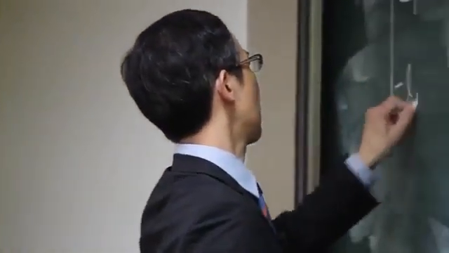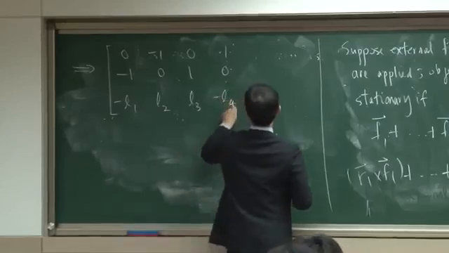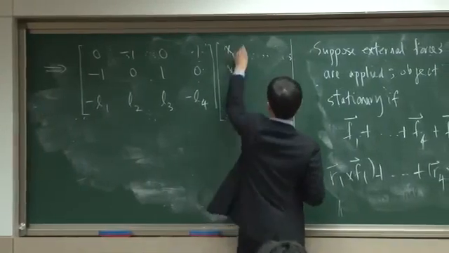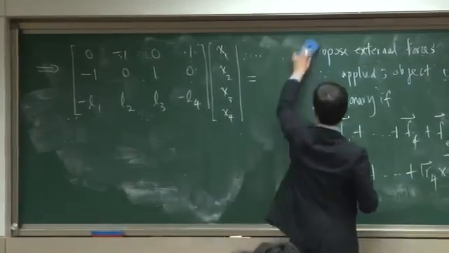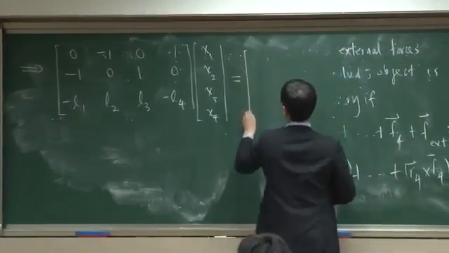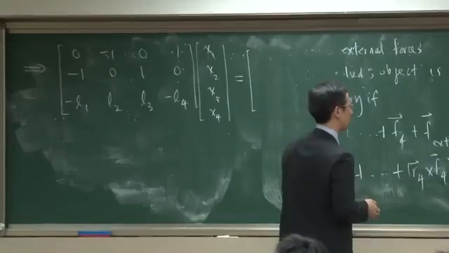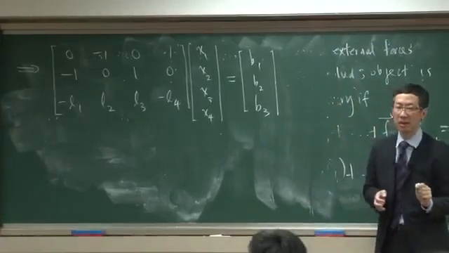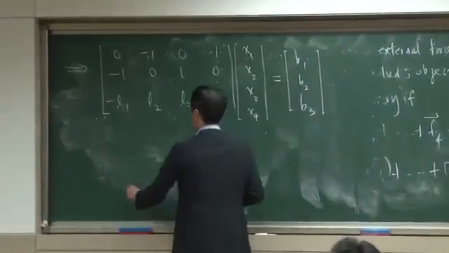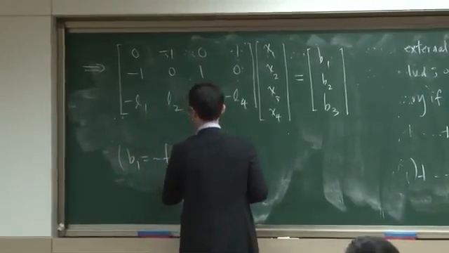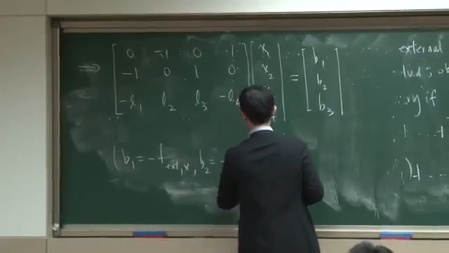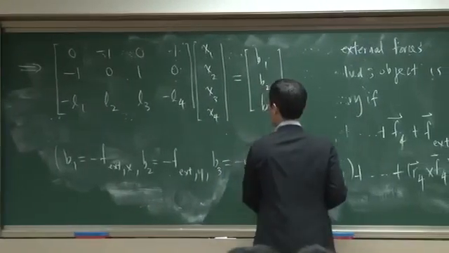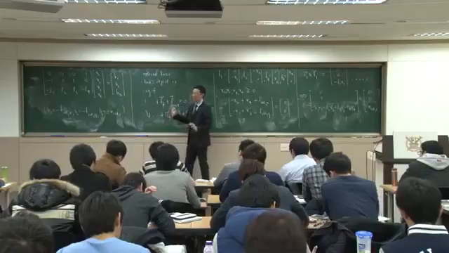So it's minus L1. This times x1, x2, x3, x4 is equal to, I'm going to write this as just b1, b2, b3. So you can see that b1 is just minus f external in the x direction, b2 is minus f external in the y direction, and b3 is just minus the external moment. So here's our equation.